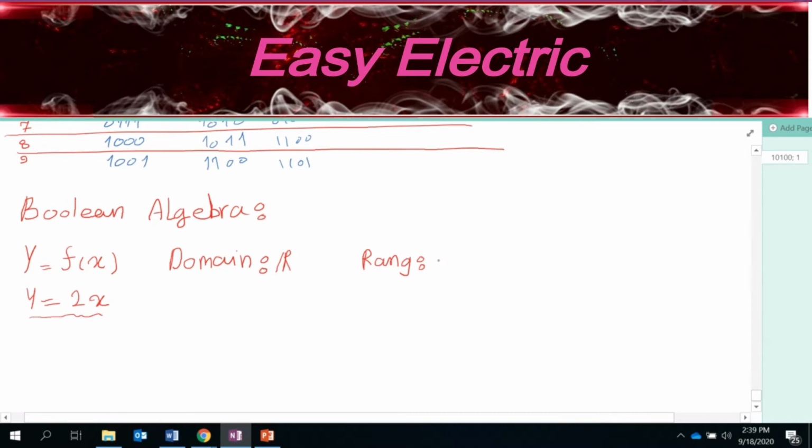For this specific example, the range is R, right? So if x is able to get any value from the real numbers, then y will also be the real numbers. R could be any number from negative infinity to positive infinity. Positive numbers, negative numbers, whatever you have in that range is considered a real number.